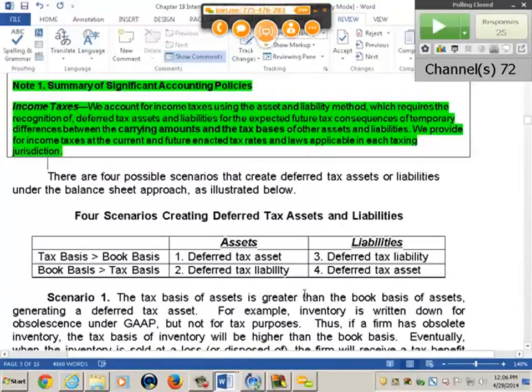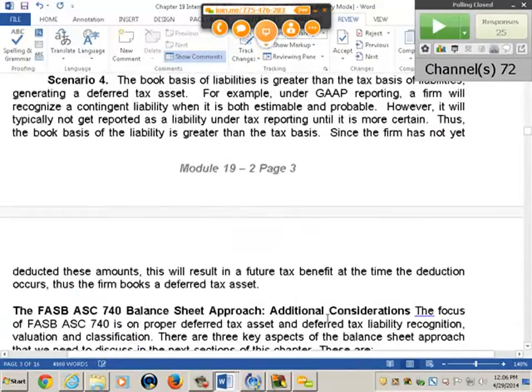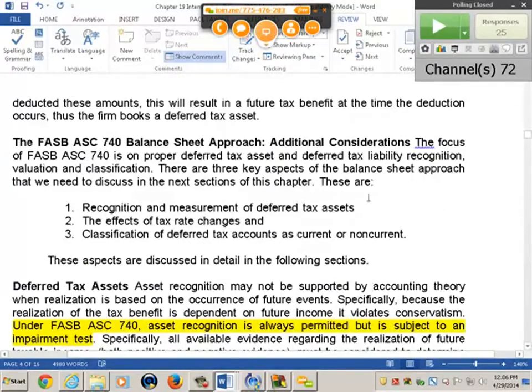Okay. Now, the basis approach goes a little bit further, and those scenarios you can look at on your own, when we look at tax rate changes and the classification of those items.